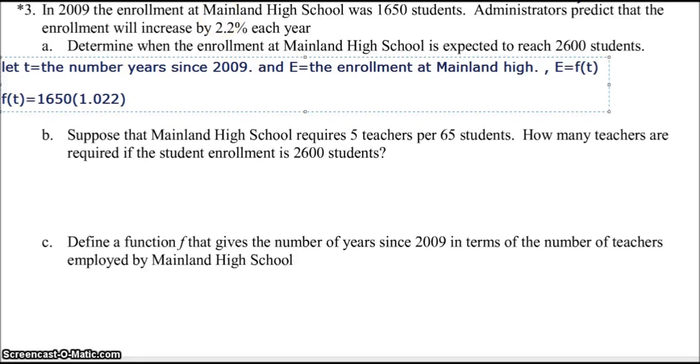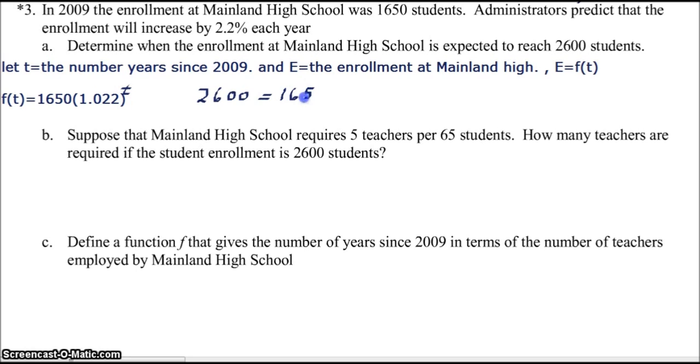This is an exponential function, so we need our t. We want the enrollment when Mainland High School is expected to reach 2,600 students, so the output will be 2,600 students, and we need to find the input that makes that happen.